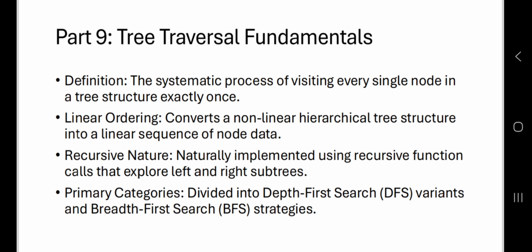It performs linear ordering, converting a non-linear hierarchical tree structure into a linear sequence of node data. Due to the design, traversals have a recursive nature, naturally implemented using recursive functions that explore the left and right subtrees. The primary categories are divided into depth first search (DFS) variants and breadth first search (BFS) strategy.